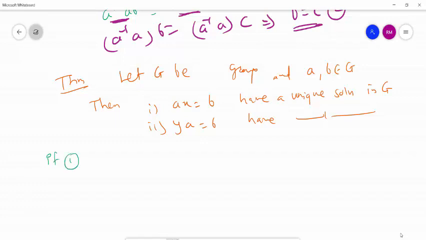What is the proof of the first? We have given the equation ax equals b, and we have to show it has a unique solution. Solving means we have to find the value of the unknown x. a and b are already given, some elements in G. If G is a group, a set of some numbers, say real numbers or like that.